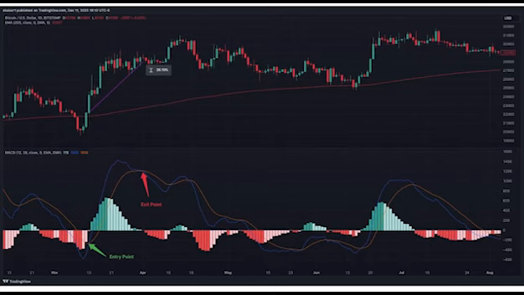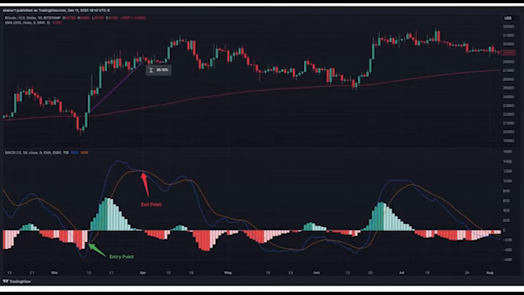We then exit our trade when the exact opposite happens, meaning the signal line crosses the MACD line, indicating a market downward movement.